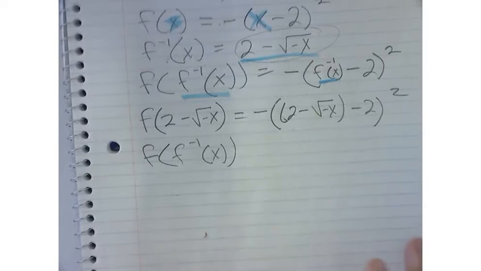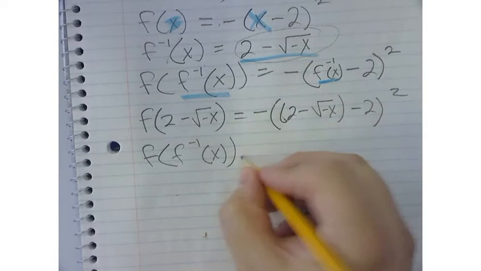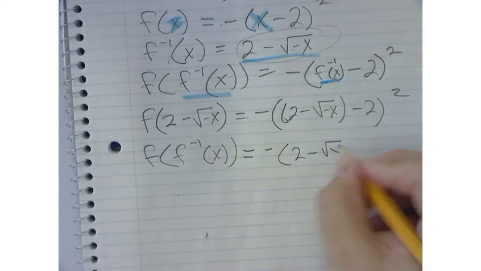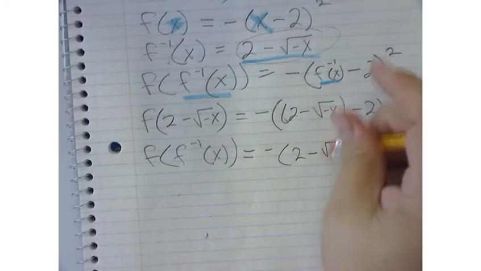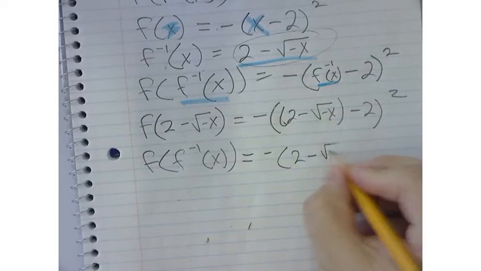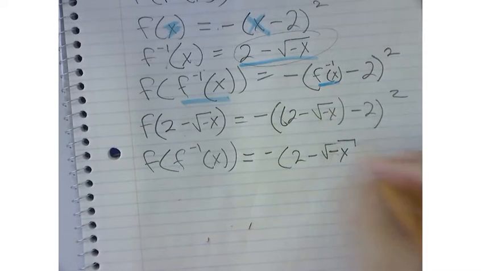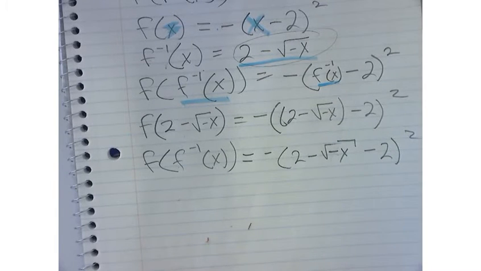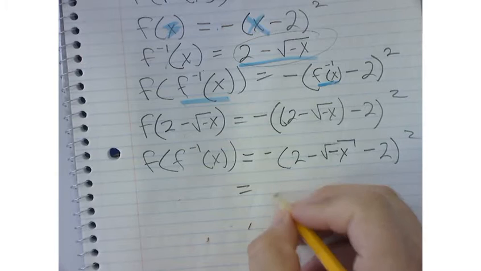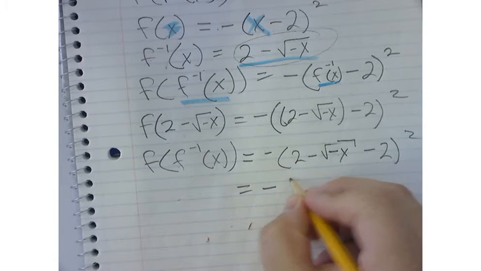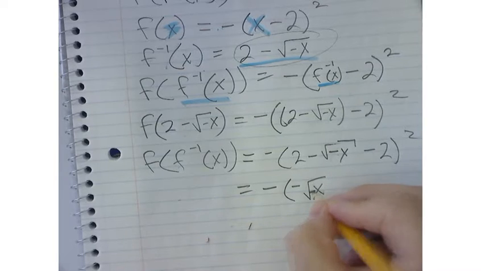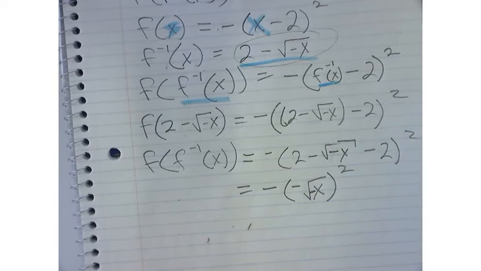On the inside, I've got 2 minus the square root of negative x, minus 2, squared. Well, what happens with my 2's? They cancel. So I've got negative times the negative of the square root of negative x, squared.